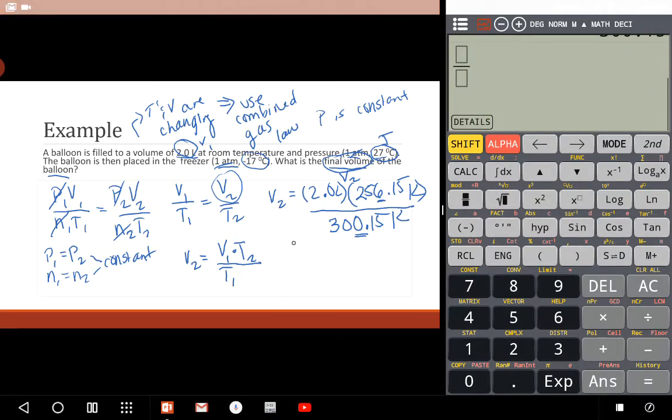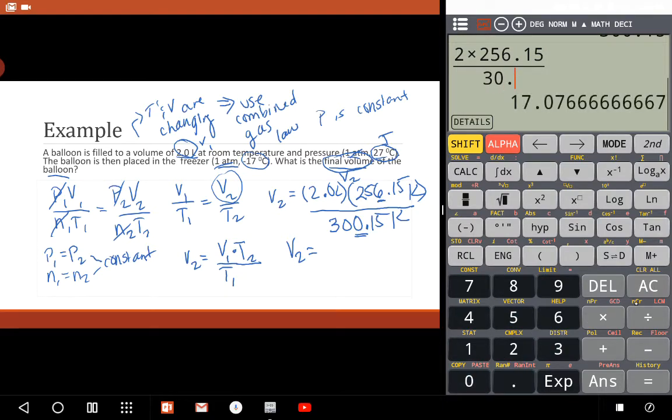So my V2 is equal to 2 times 256.15 divided by 300.15. And so that will be 1.7068.